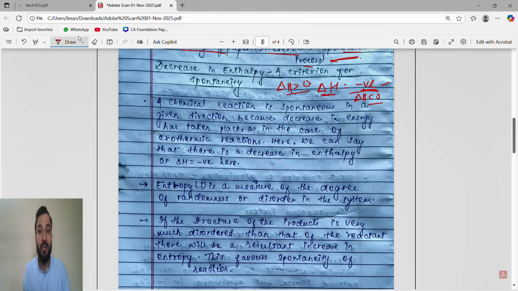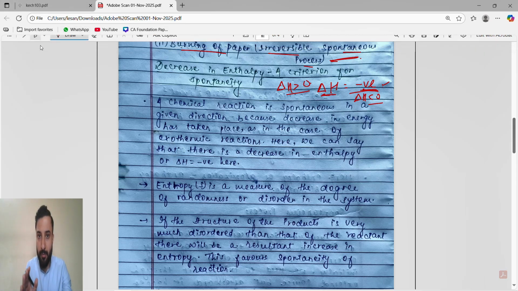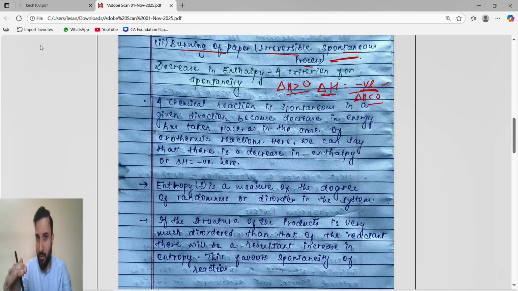At equilibrium, which process? Reversible process. If the process is not at equilibrium, then either it will be greater than 0, that is positive, or it will be less than 0, which is negative. So at equilibrium every value, delta H, delta G, delta S, is 0, and the process is reversible.